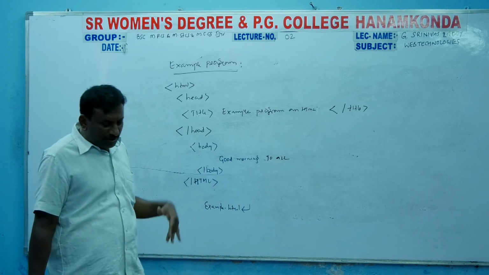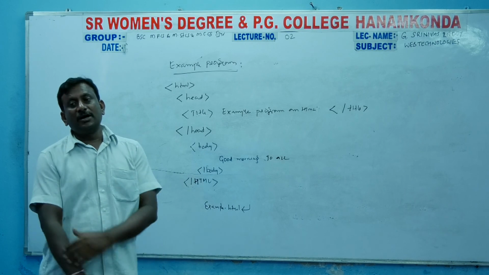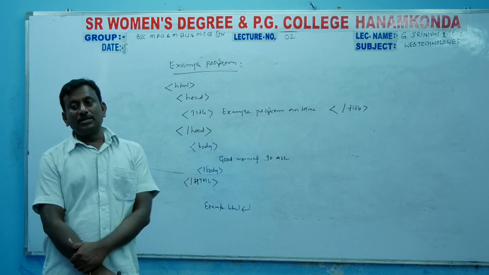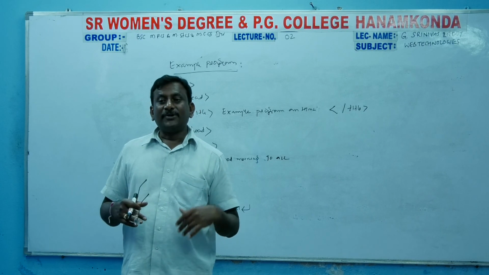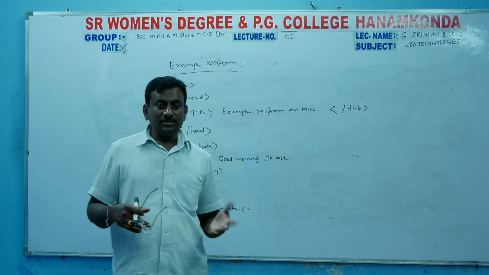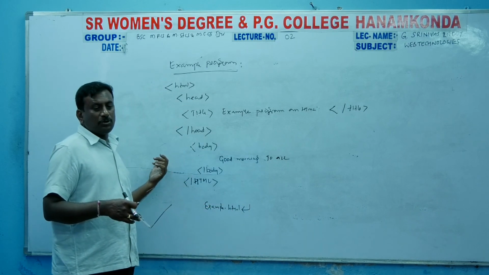For example, tomorrow's class will explain body attributes, or tag attributes. Body can have a different size. 'Good morning to all' can be displayed in a very big size and in different types of colors. There will be a background color. If you do not mention any background color, by default the browser will display a white background, like the screen of a board.